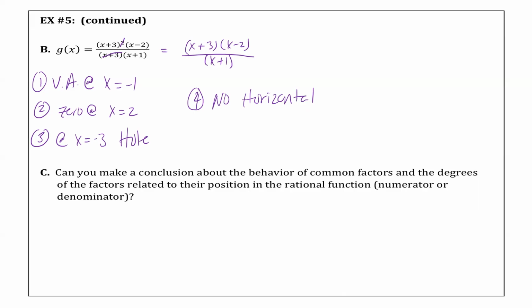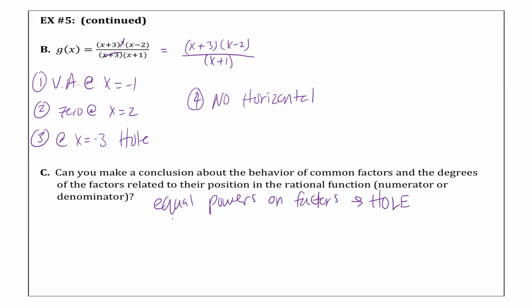In conclusion, we're analyzing the powers of the factors. If you have equal powers on the factors, meaning everything eliminates in the numerator and denominator for that factor, you're going to have a big old hole.